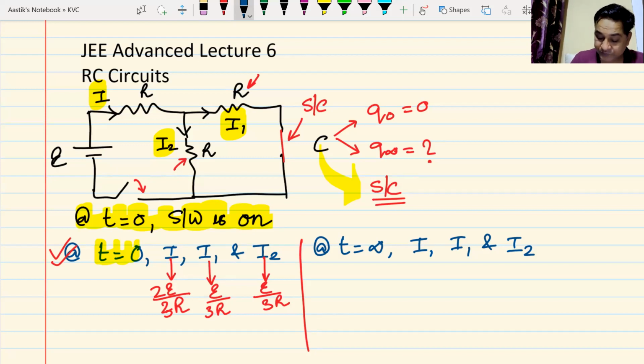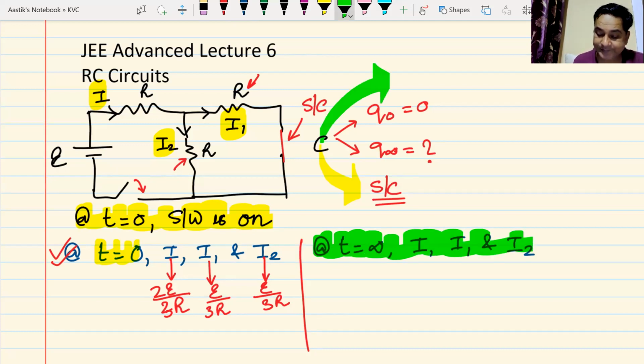Again, remember, at time t equal to infinity, how does the capacitor behave? It behaves like an open circuit. Yes or no? Yes, sir.